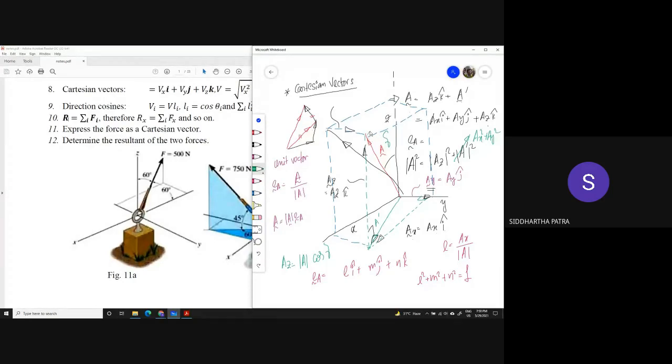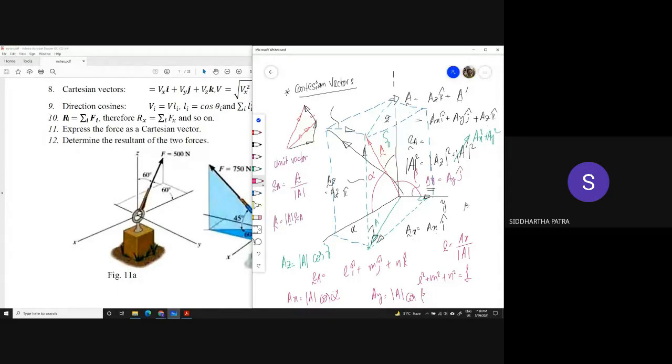In a similar way, we can show that for Ax and Ay, with angle alpha with the x-axis and angle beta with the y-axis, Ax is magnitude of A cos alpha, and Ay is magnitude of A cos beta.